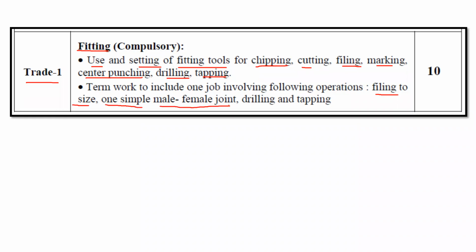The student will prepare one male and female joint for the fitting, and on that job they will perform the drilling operation and after that the tapping operation. As the classes are online, it is not possible to conduct the physical practical, so here I have recorded a video for these operations.